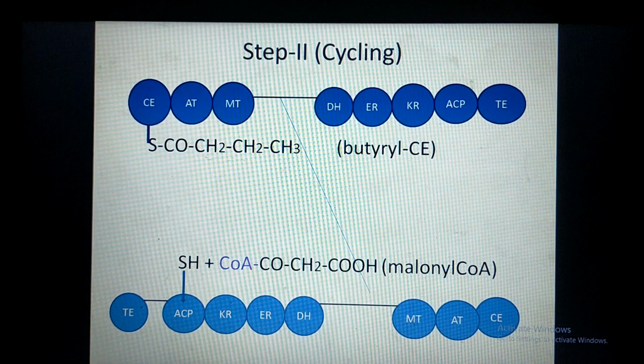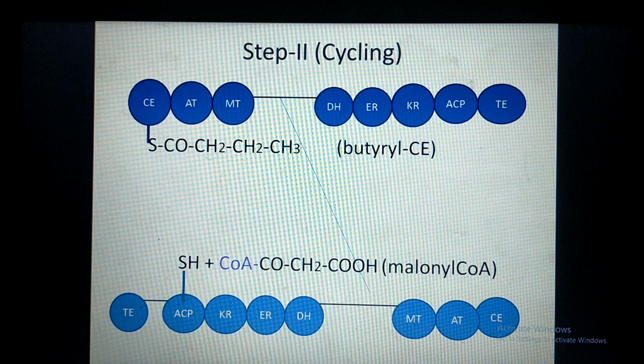New malonyl CoA, which is synthesized in the first step by acetyl CoA carboxylase, enters the complex and binds with the acyl carrier protein. Then the same steps get repeated.